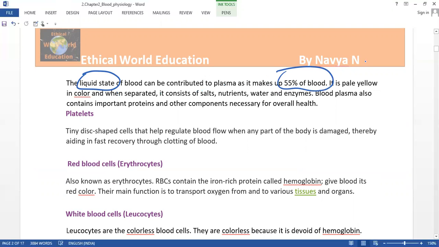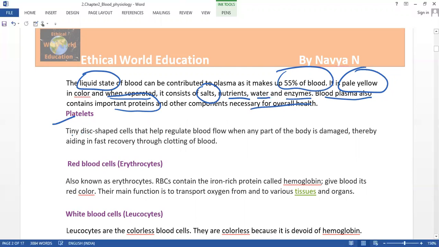It is pale yellow in color. When it is separated, it consists of salt, nutrients, water and enzymes. This blood plasma also contains important proteins, along with other components that are very necessary for overall health.